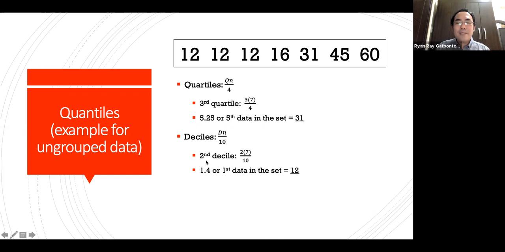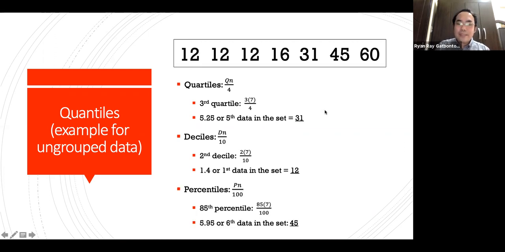Let's say you're looking for the second decile. You replace d with 2, multiply it by 7, and divide it by 10. Doing this, you will arrive at 1.4, and you round up or round down based on the value. You get 1, or the first data in the set, which is your 12.